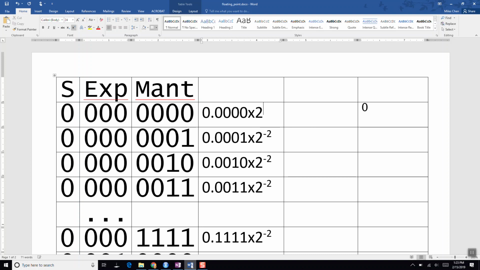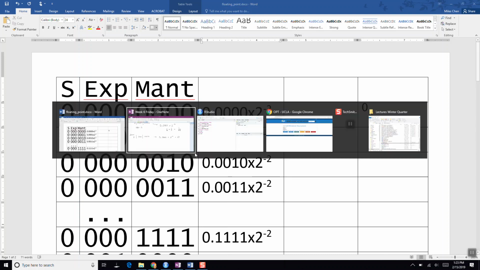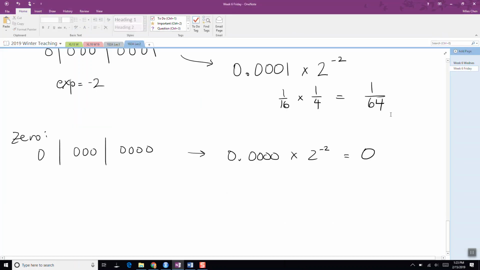Or I'm sorry, 2 to the negative 2. Okay, and then over here, oh, and I'm sorry, one last thing. This thing that we call, this is our dot machine.